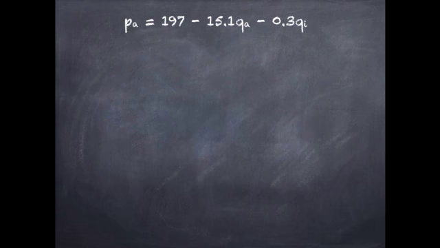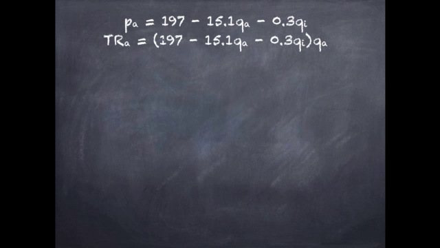So for AMD, that is the inverse demand function. In order to get total revenue, we multiply price, which is 197 minus 15.1 QA minus 0.3 QI, by QA. That will give us the total revenue for AMD.